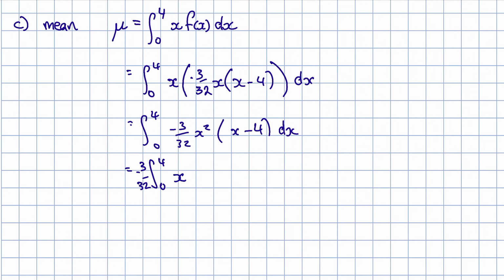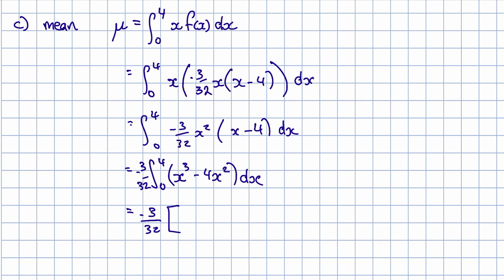And in fact, I'm going to jump a step and expand out that bracket to make it x cubed take 4x squared, all with respect to x. So what I've done is just said, okay, I'm going to make it a little bit easier to deal with because I'm bringing out that negative 3/32. Now I'm just going to deal with that by itself.